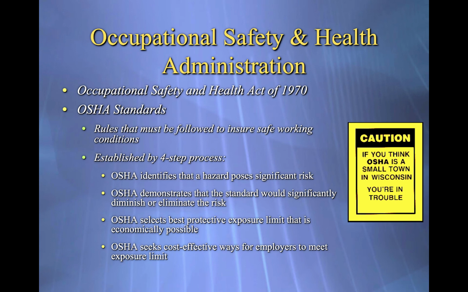So what that means is they're usually going to take the most expensive, but they'll try and say, well, you don't need to use a full respirator mask in this situation, an N95 is fine. OSHA seeks cost-effective ways for most employers to meet these exposure limits, but once they've established their standard, that's what you're going to have to do.